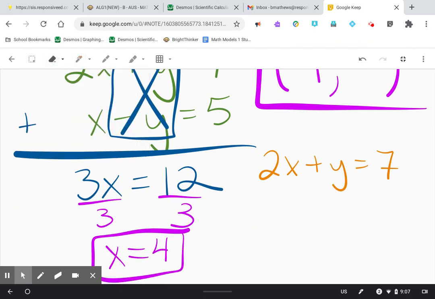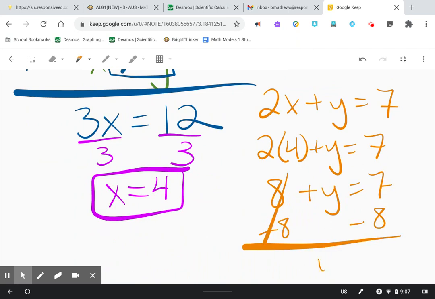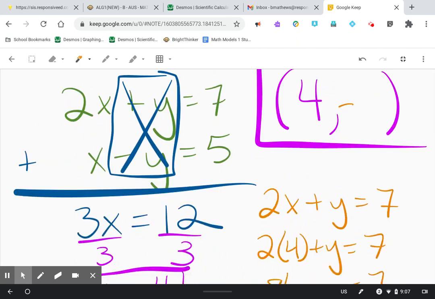I'm going to plug in the x. It's going to be 2 times 4 plus y equals 7. 8 plus y equals 7. Subtract 8 from both sides. It gives me y equals 7 minus 8, which is negative 1. And so that is the other part of my solution.